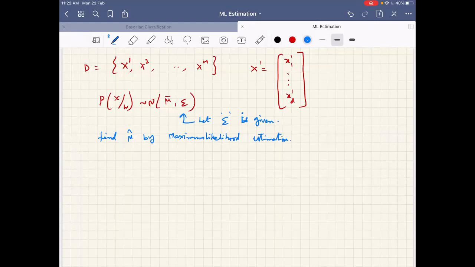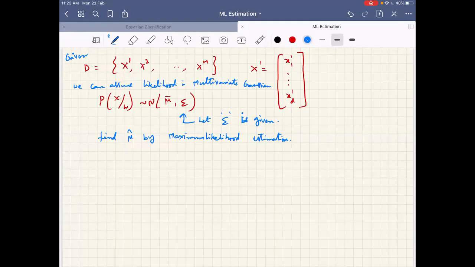So we are initially given the samples, and we can assume that the likelihood is multivariate Gaussian, or normal.